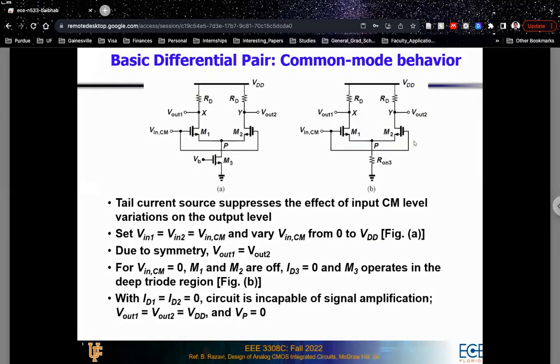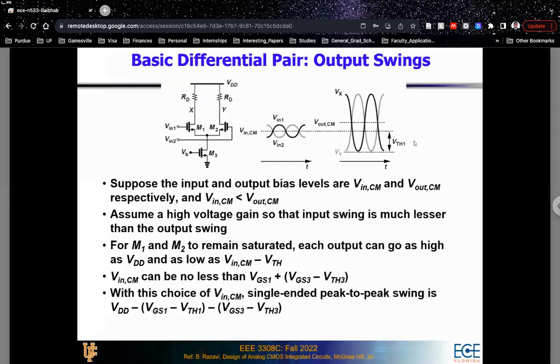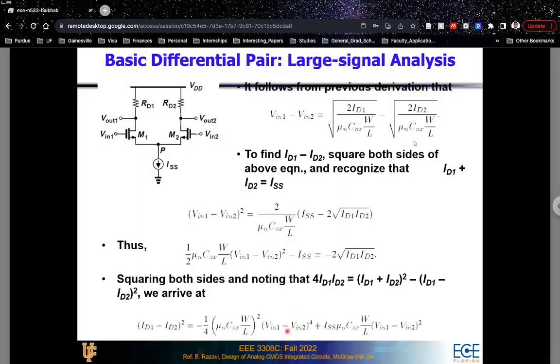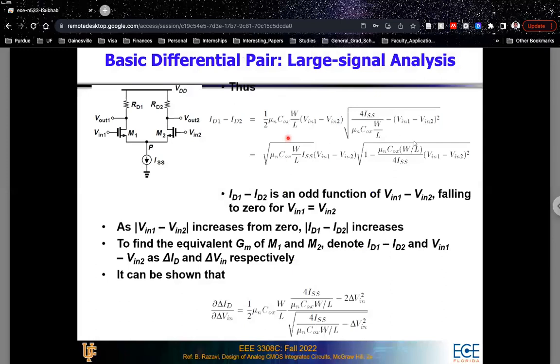If that is the case, then if we go back to this complex equation that we just figured out, from here, you can write down the value of your ID1 minus ID2. So again, you just use that complex equation, you just take the square root of it, and by taking the square root of it, you end up with this particular equation.